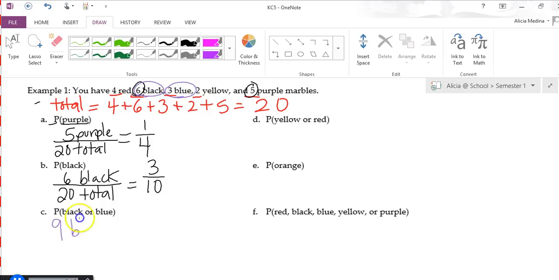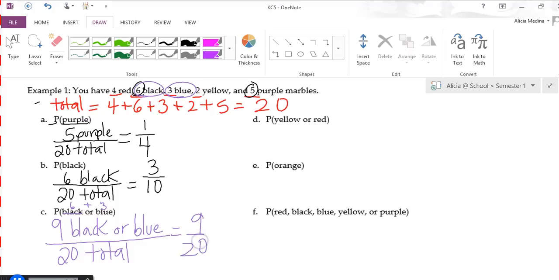So 9 black or blue, those are the possible outcomes of black or blue, still over the total, which is 20. We added the 6 and the 3, and that's how we got our 9. When I simplify this fraction, it does not simplify. It stays as 9 over 20.